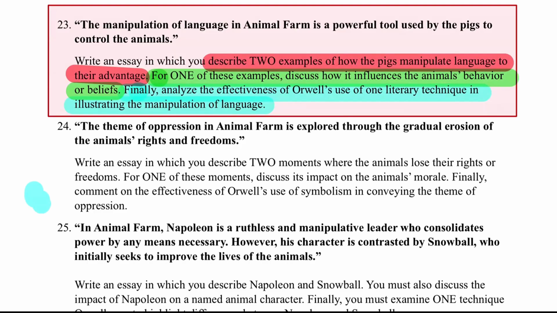They just want it for themselves, which further shows the corruption, even at the beginning of the novella, the corruption of Animal Farm as it slowly spirals down into chaos and, well, totalitarianism in the end. So yeah, I would have to be specific.